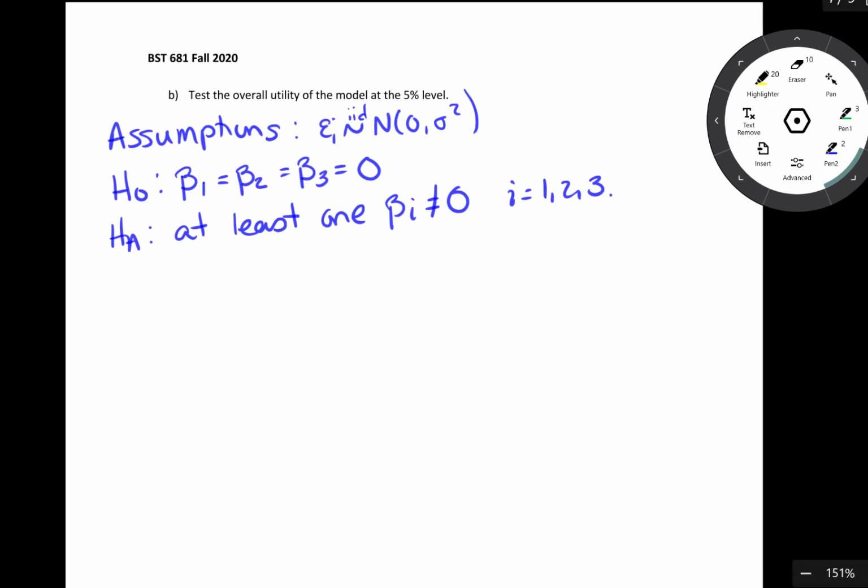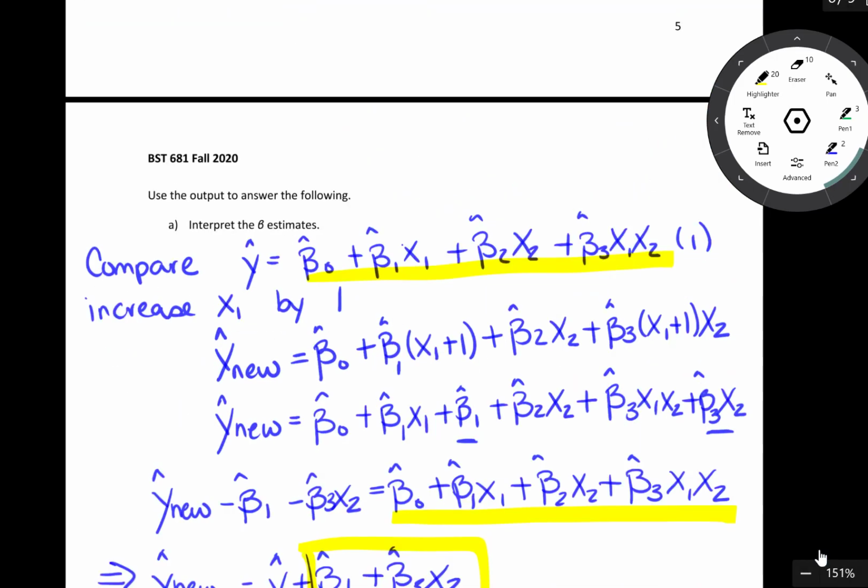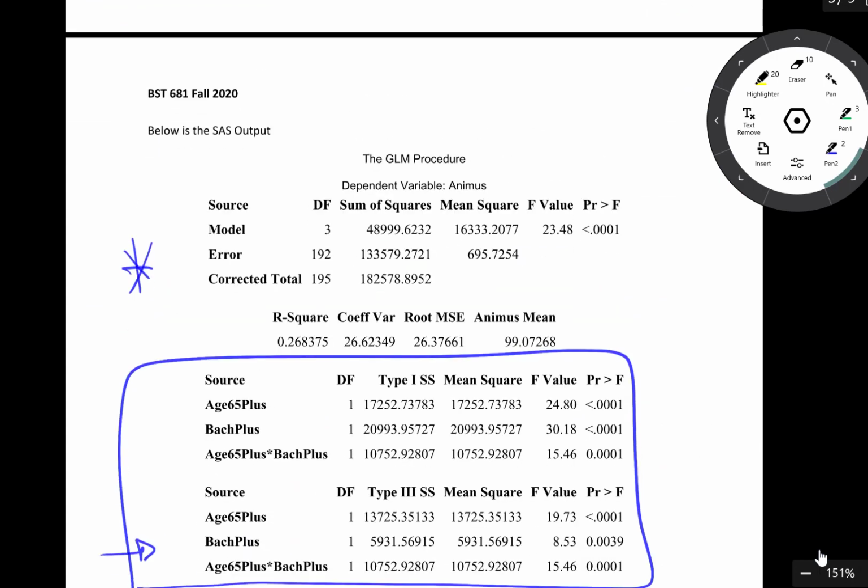So next thing we're going to do is we're going to need to identify our test statistic, which is going to be an F, and our p-value for our overall model. And so in order to do this, we are going to want to go back and look at that SAS output. So let's go up and look at that SAS output. This is going to be the first piece of the SAS output.